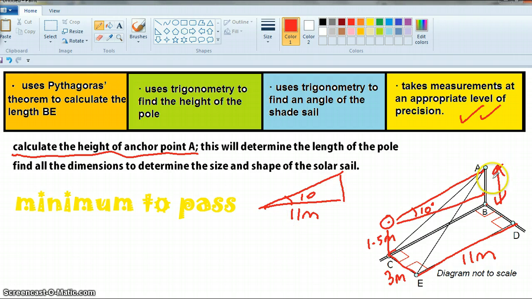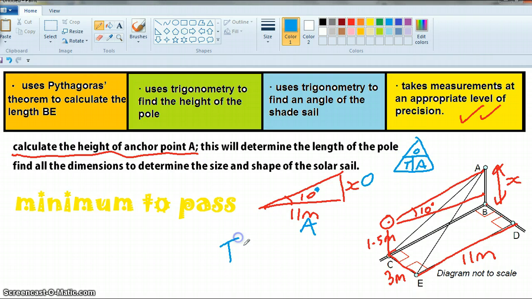Now we're trying to find this length here. I'm going to call it X. So how do I find X? Well, I'll label my triangle. So that's 10 degrees, that's opposite, that's adjacent, that's hypotenuse. If I think of SOH CAH TOA, SOH and CAH both have H in them, and H I don't have and I'm not interested in, so it's TOA.